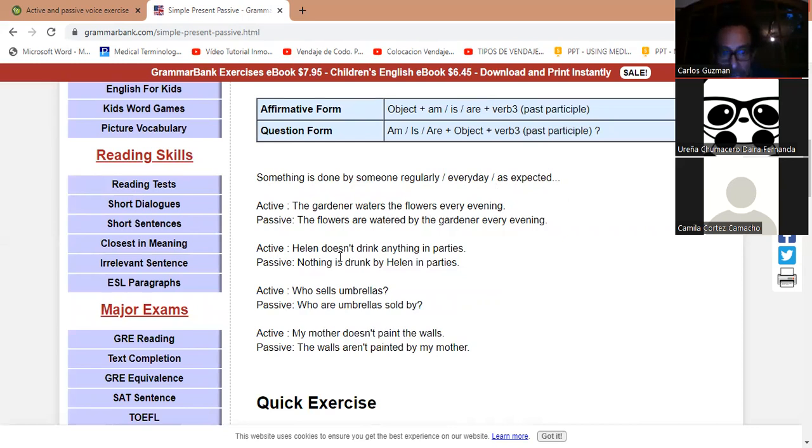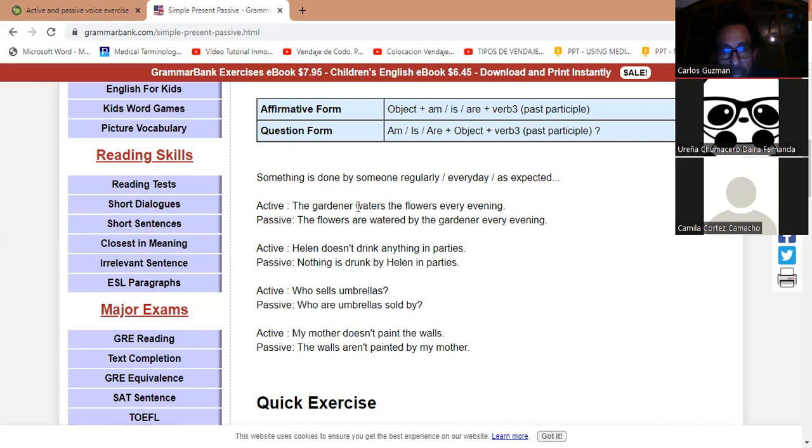Now let's read the examples, active and passive. So let's see. Daira, read the first example. Read the active and then read the passive. Okay, teacher. Active. The gardener waters the flowers every evening. Passive. The flowers are watered by the gardener every evening. Very good. Good job. So can you guys see the present simple being used in the active?